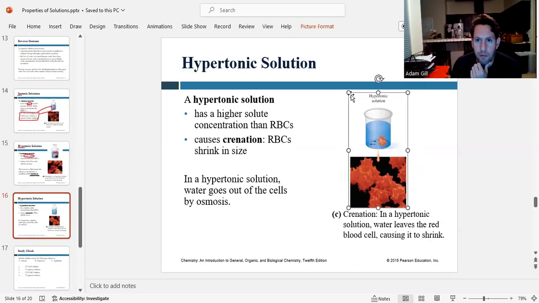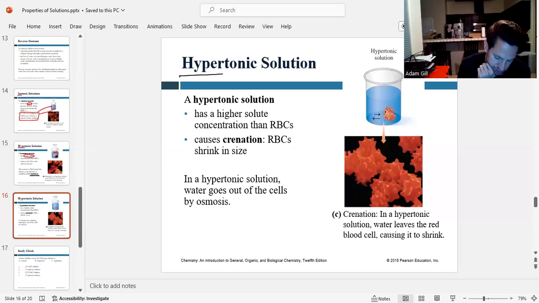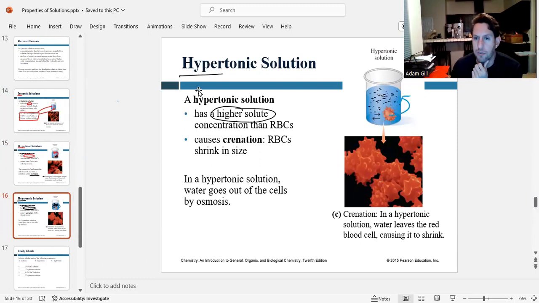Now, if we take a red blood cell and we put it in a hypertonic solution, that's a solution that has a higher solute concentration. That would be like salt water, right? We're saying that the liquid outside has more solute particles than the blood cell does. And so what happens there is the water from the blood cell wants to flow out into solution.